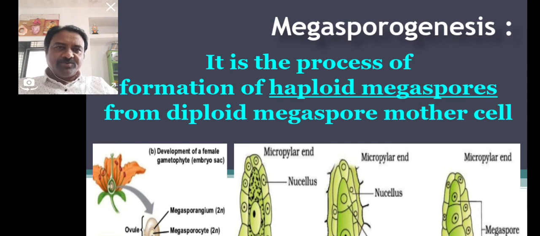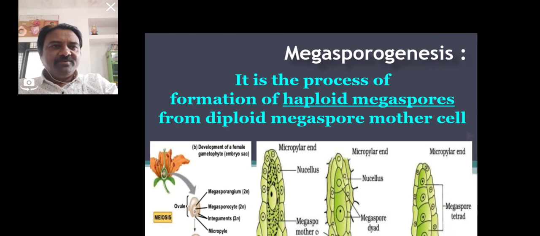In microsporogenesis, the microspore mother cell undergoes meiosis to form 4 haploid daughter cells called microspores. Here the megaspore mother cell undergoes meiosis to produce megaspores.